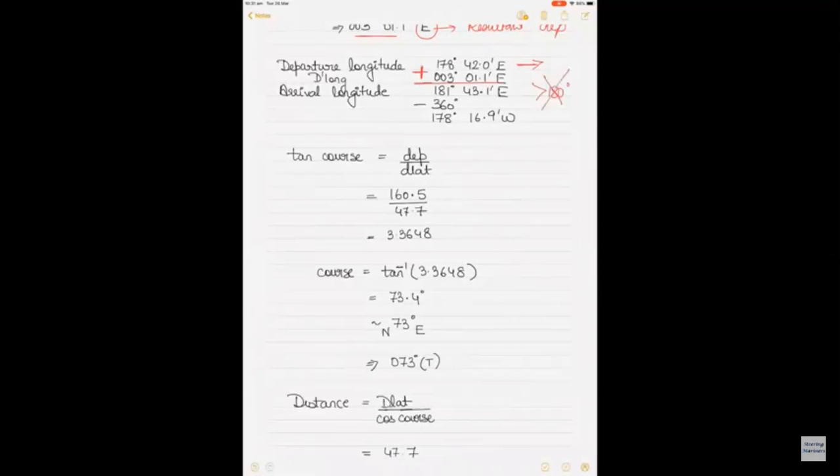But 181 longitude is not there, only 180 east, so it will be on the western side. So subtract from 360. You get 178 16.9 minutes west as your arrival longitude. As per the figure, you can see that you were going from 178 east to 3 degrees more east.